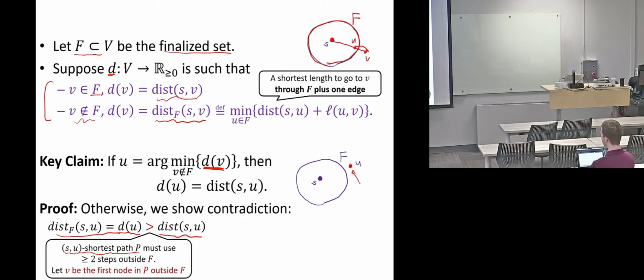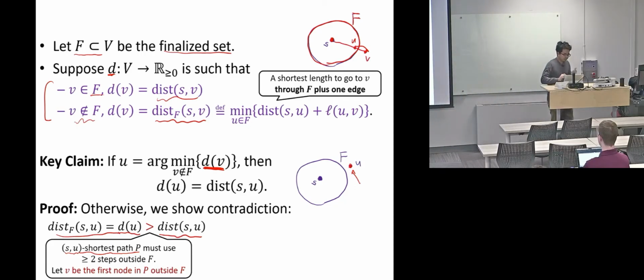And I'm just saying now, let's try to prove that they are equal. Suppose not. Suppose for contradiction that is not the case. It means that this estimate for U is not the right distance yet, so it must be strictly greater than the real distance. How can that ever happen? How can this F distance from S to U be more than the real distance from S to U?